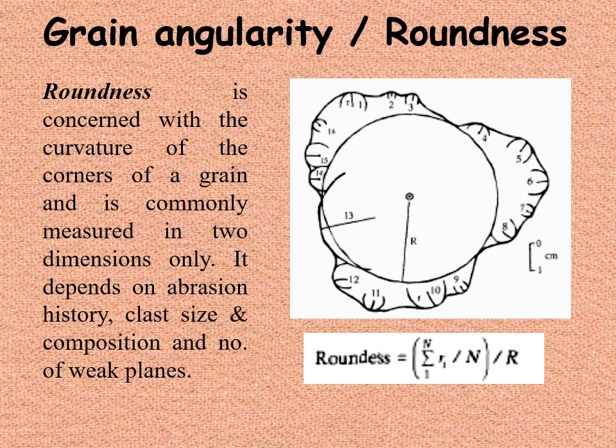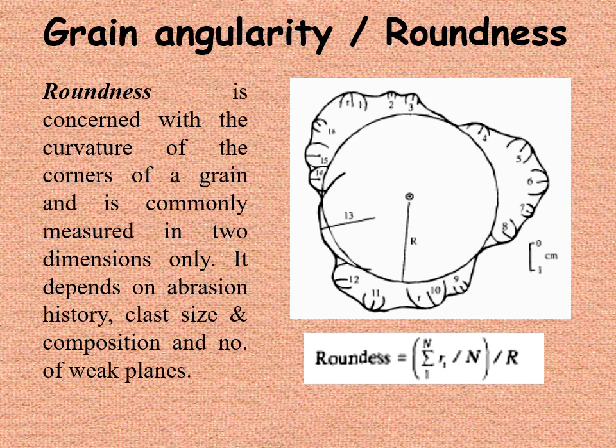They mean two opposite things, but both of these terminologies are used to depict a single property of any grain. Now, the term roundness, or you can say angularity, is concerned about the curvature of the corners of a grain.